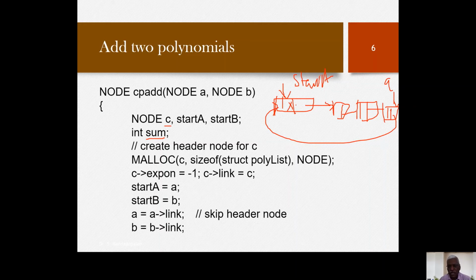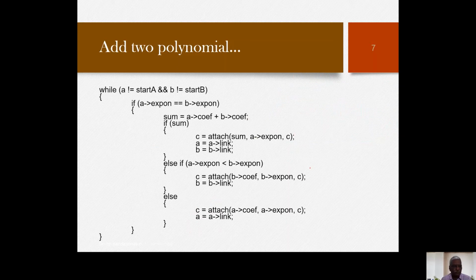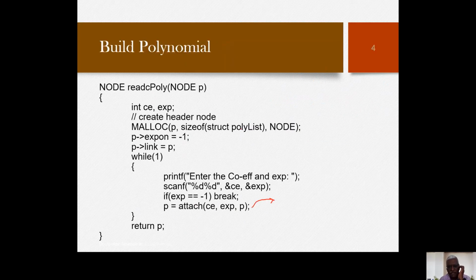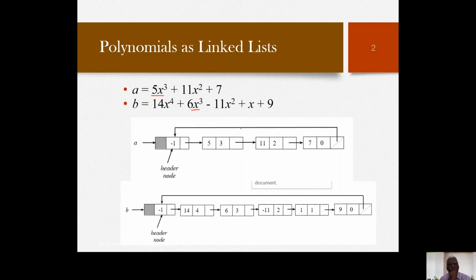So in order to start scanning through my nodes, A is first initialized to link field of start A. That's what this does. This is just to skip the header node and start from the actual node or the term. Similarly for B. You can see here, as long as A is not equal to start A and as long as B is not equal to start B. See, another important aspect here is that one polynomial may have 3 terms and another one could be 5 terms.